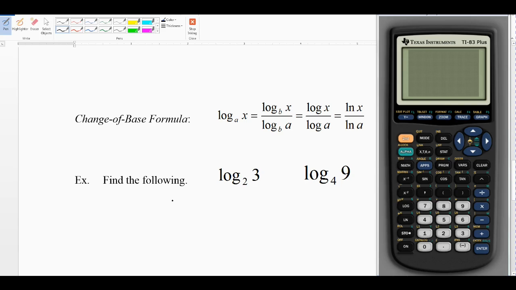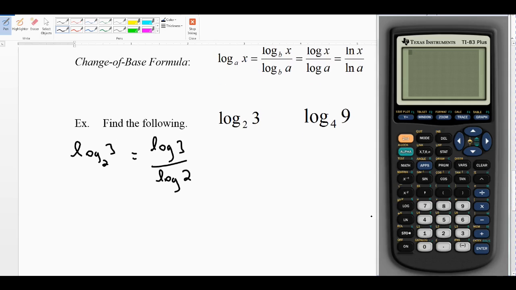So let's do a couple examples so you can see what we're talking about. Log base 2 of 3. That actually equals, and I can use log or ln. I'm going to use log for the first example, log of 3 over log of 2. The base goes on the bottom, which means the 3 goes on top, which now means that I can take out my calculator and type this in.